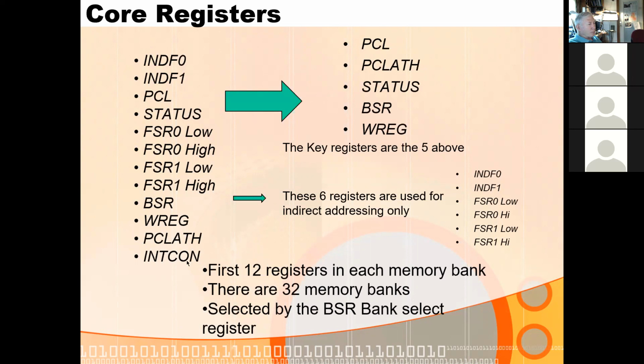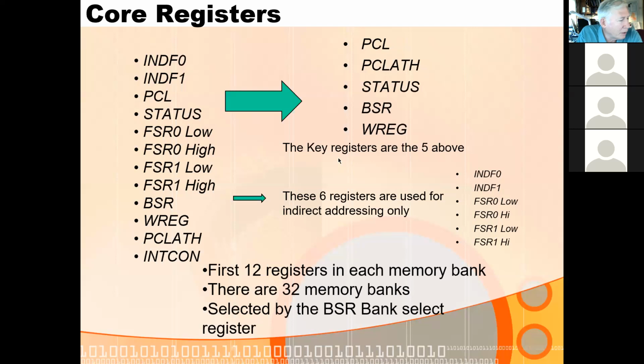I don't care about you memorizing the interrupt control register. So these are the ones I want you to know: PCL, PC latch high, status, BSR, and W register. Those are the 5 key registers that we're really going to deal with.